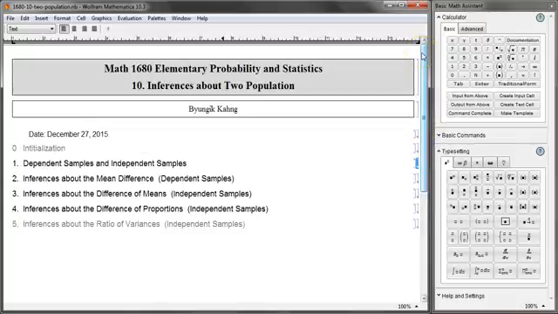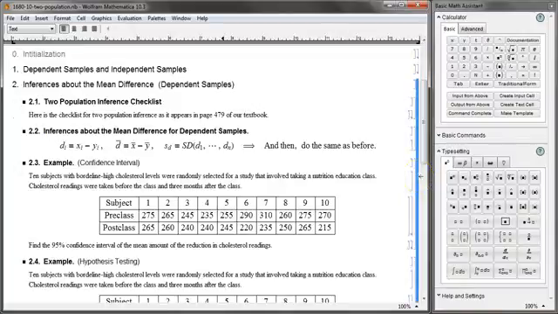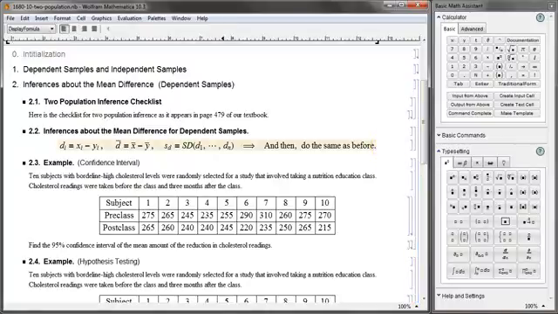Okay, let's go to 10.2 now. Two dependent samples. And this one line summarizes entire 10.2. If we have two dependent samples, we simply take the differences. And then we consider the mean and standard deviation of the differences.